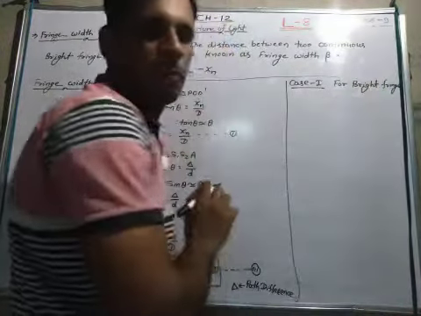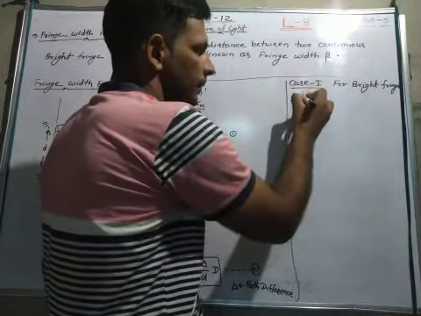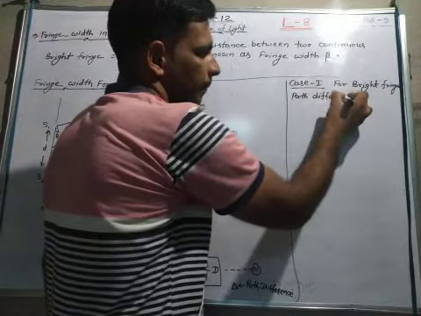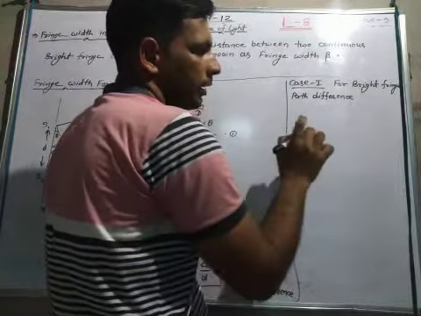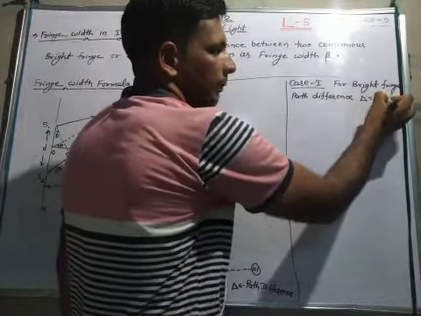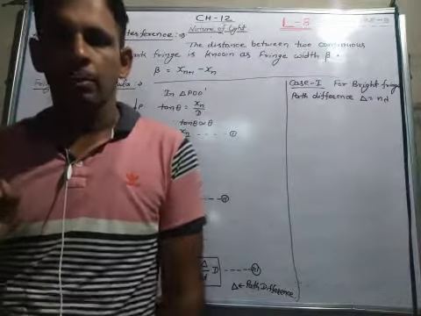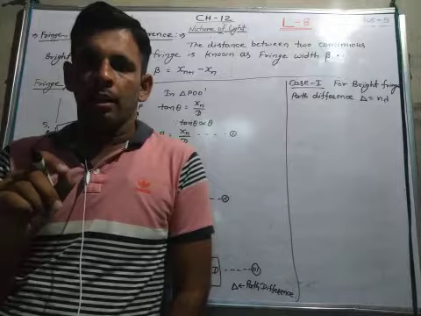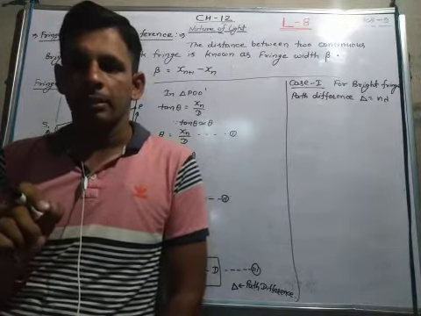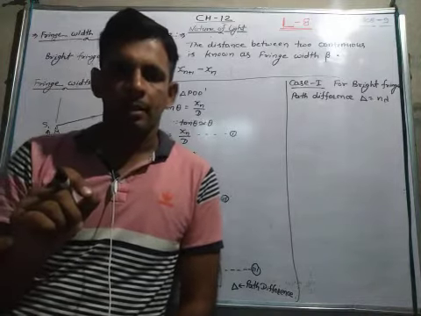For bright fringe, path difference delta is equal to n lambda, meaning a complete multiple of wavelength, because in bright fringe constructive interference takes place.